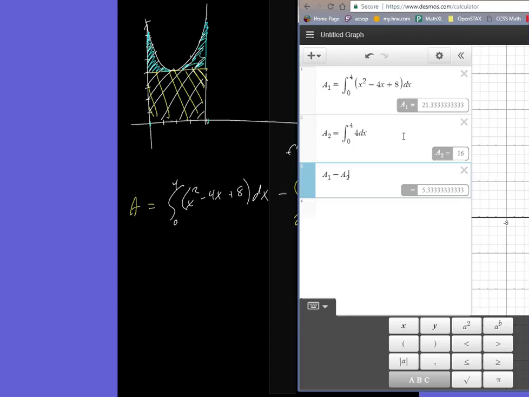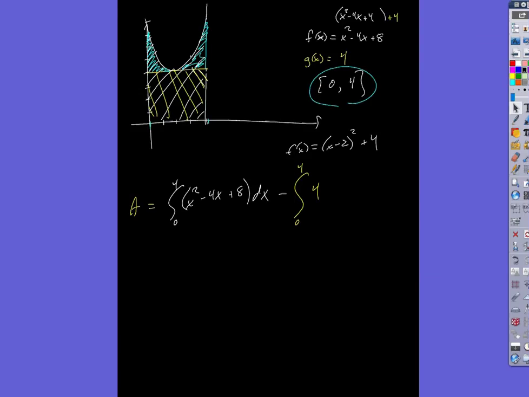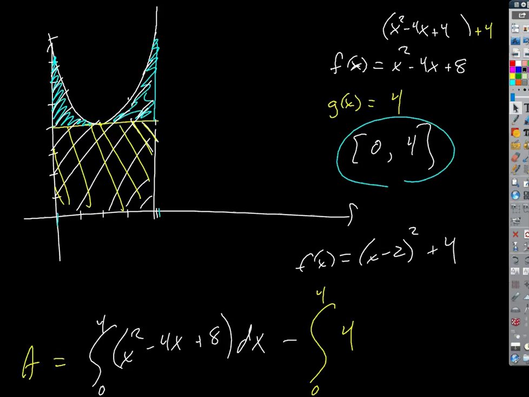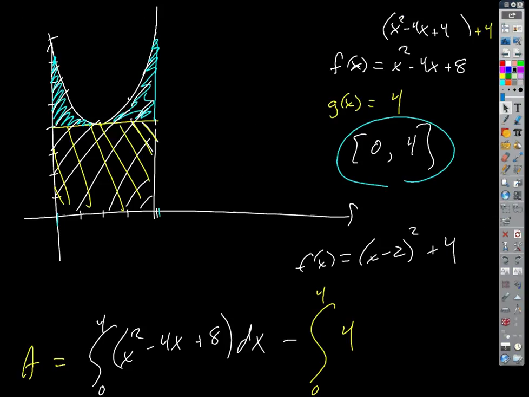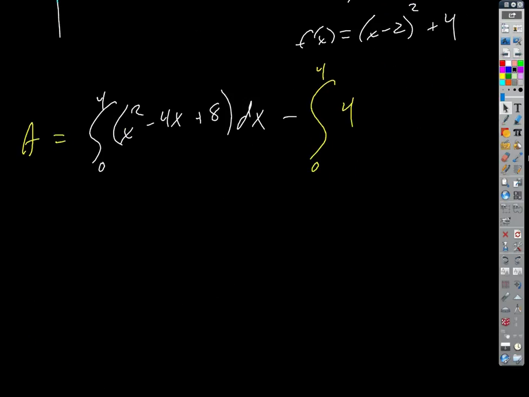Okay. Could we use properties of integrals to simplify this before we actually did the calculus? This is what I want you guys to start kind of seeing this in terms of.